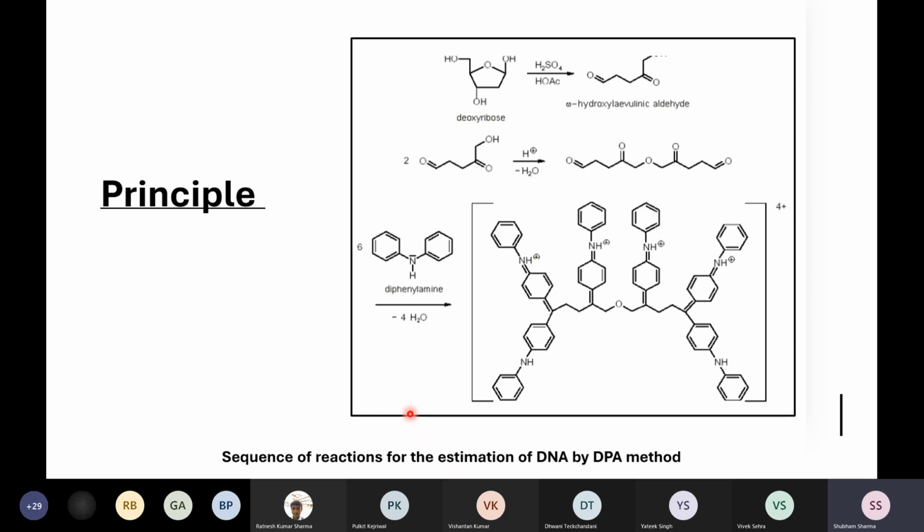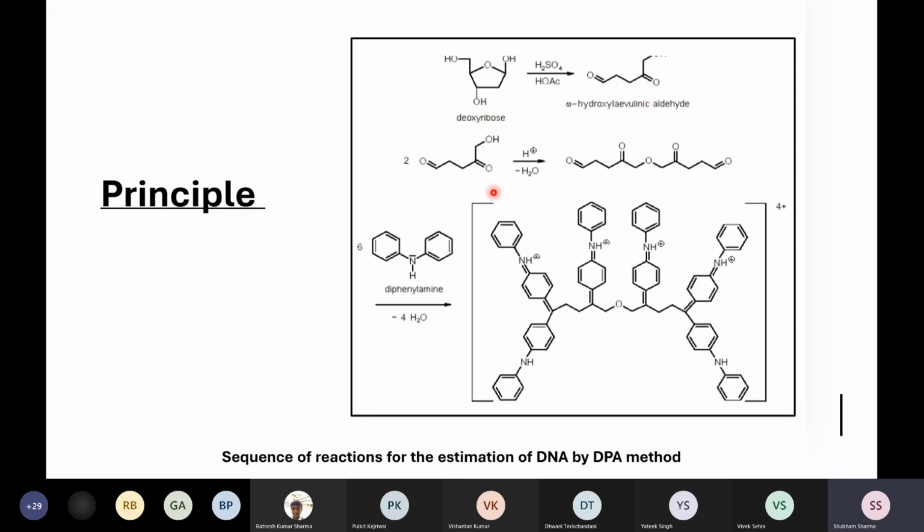So our schematic representation of the principle is here. Our deoxyribose sugar after depurination undergoes dehydration in acidic condition to form omega-hydroxy levulinate aldehyde. And this is the product which is highly reactive.